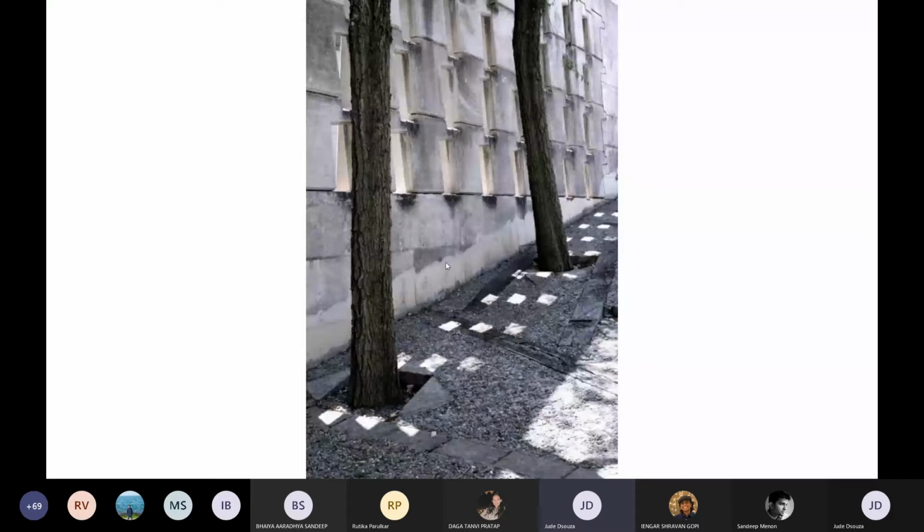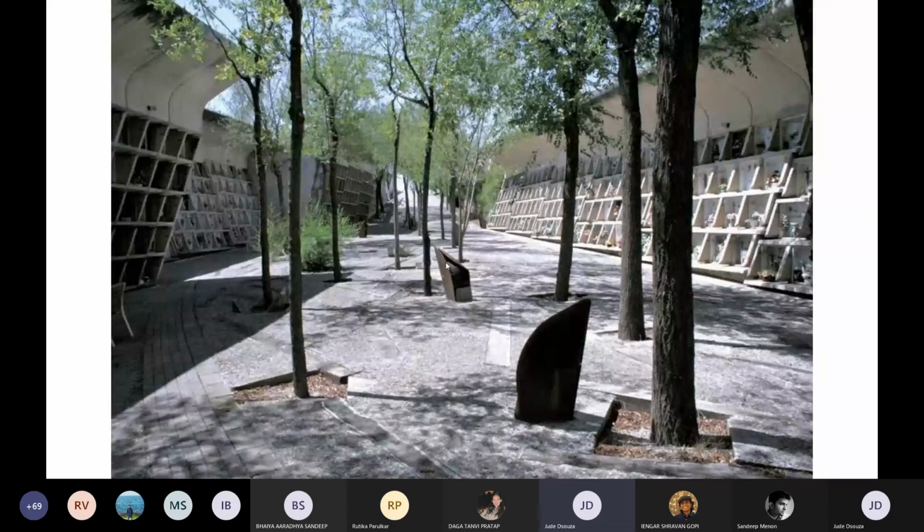These are the areas where, for Christians, there are little crypts where the bones are finally kept, and you can come and leave flowers to commemorate them.